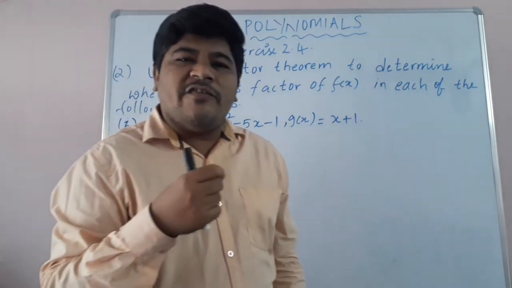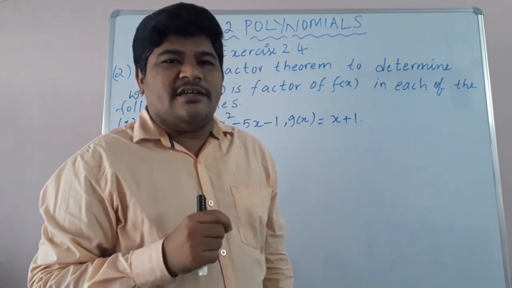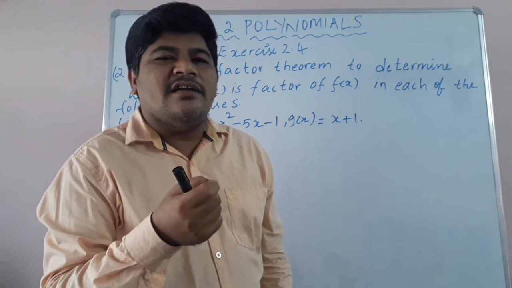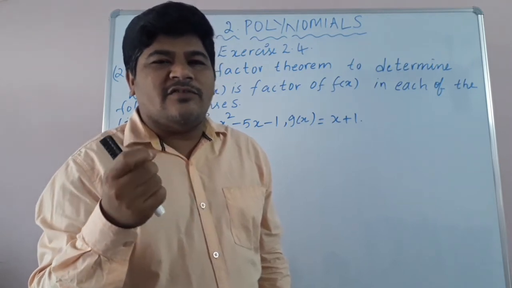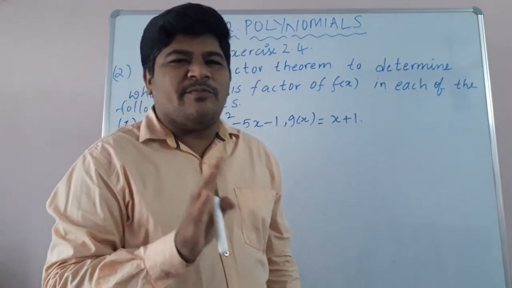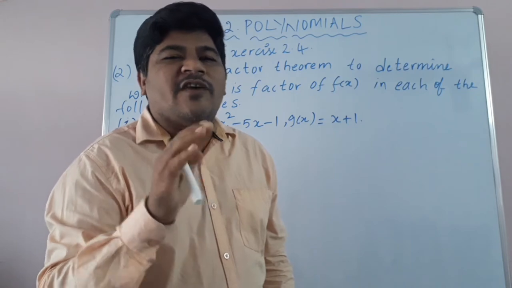If f of x is a given polynomial of nth degree, then x minus a is a factor if f of a is equal to 0. Suppose f of x is divided by x minus a. So x minus a is called a factor if f of a is equal to 0.